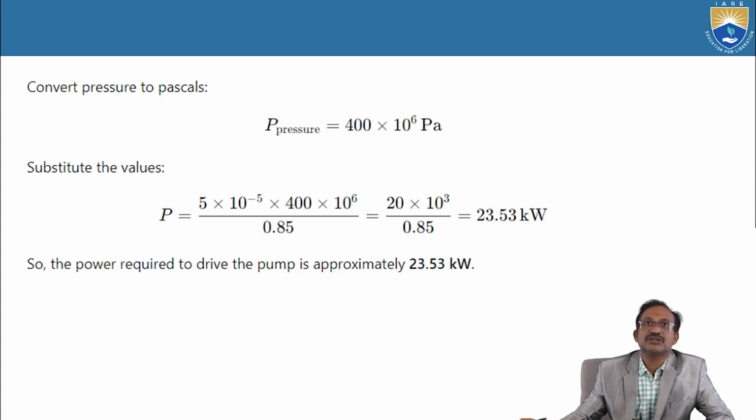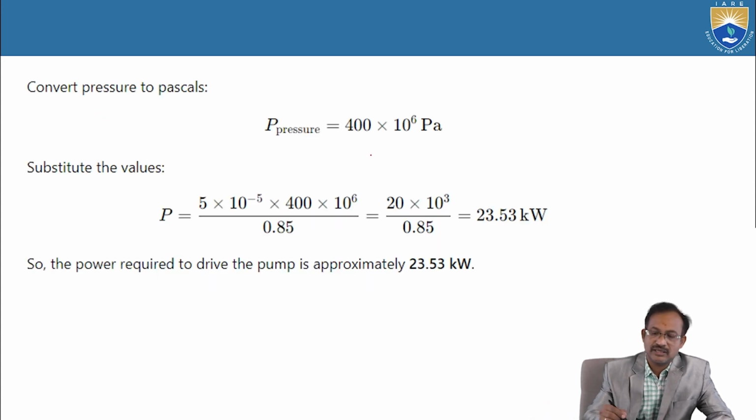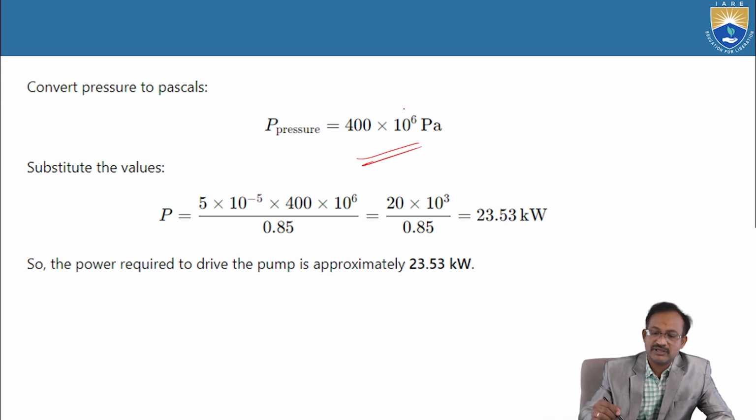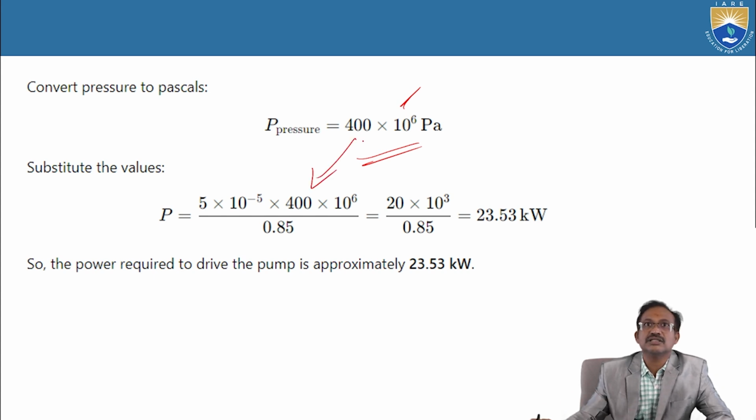Next, convert pressure to pascals. Here megapascals is given, so 400 into 10 power 6 pascals. Just substitute the values, so that we will get these values.